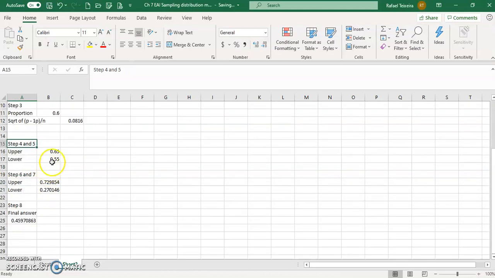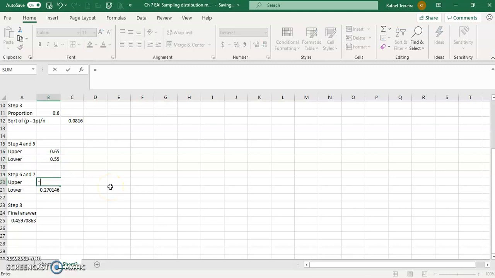Then steps 4 and 5 are to compute the upper and lower ends of the interval. We did that, 0.65, 0.55. And now let's use the Excel function NORM.DIST. So what is the x value for the upper? It's 0.65. What's the mean? The mean is 0.6, given in the problem.